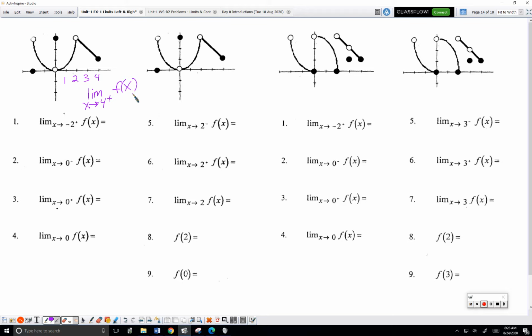But there isn't one. This dot's way too big. I'm not sure why I drew it so large, but that dot is only at x equals 4. If I try to go this way and be slightly more than 4, there's no dot. So that limit simply does not exist. There just isn't anything. Does that answer your question? Yes.